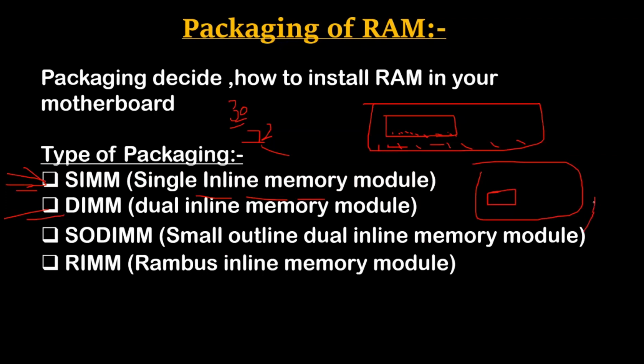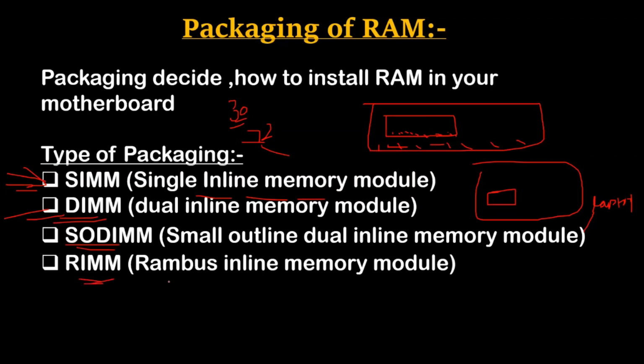That is available in laptops, because in laptops we have RAM with pins available on both sides, but the size of that RAM is much smaller than the RAM of a desktop. That type of packaging is called SODIMM. On DIMM, you have to insert RAM vertically, and on SODIMM, you have to insert that RAM horizontally.